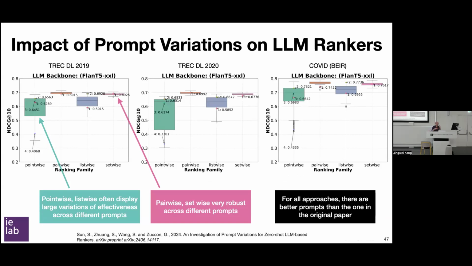And so how do these changes you can make to your prompt affect the quality of these rankers?